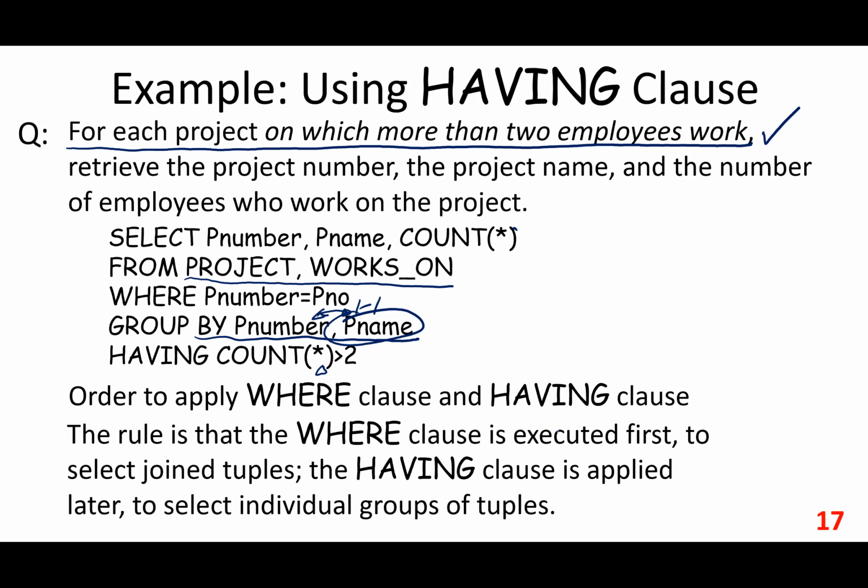After that, you can apply aggregate functions on the groups, and you can describe your special condition with respect to those subgroups. That's the logic, okay? Natural logic. All right. So here, the other part is easy.